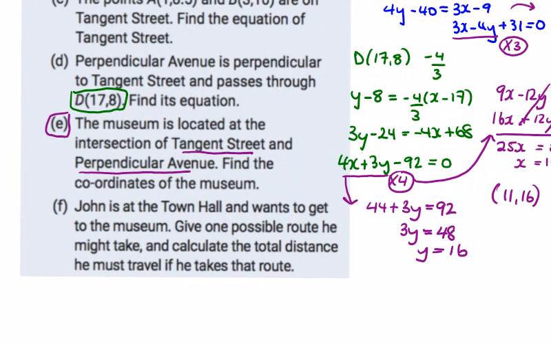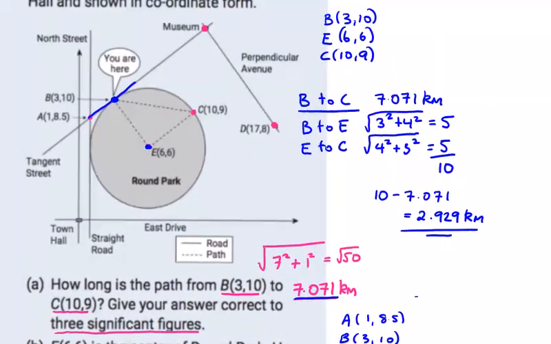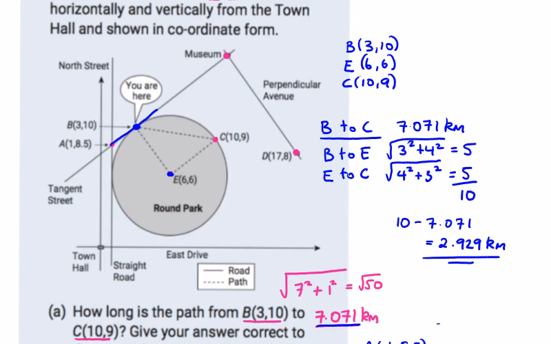John is at the town hall and wants to get to the museum. Give one possible route he might take and calculate the total distance. So town hall to museum. We can see the town hall here. So if he's going to follow roads, he could go straight up to Tangent Street. We'll need to get this point here.